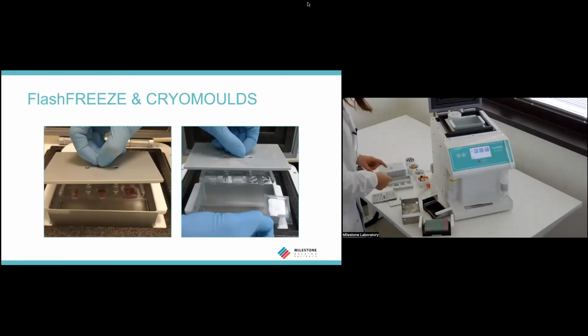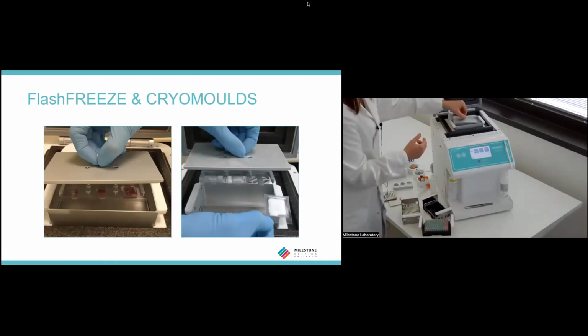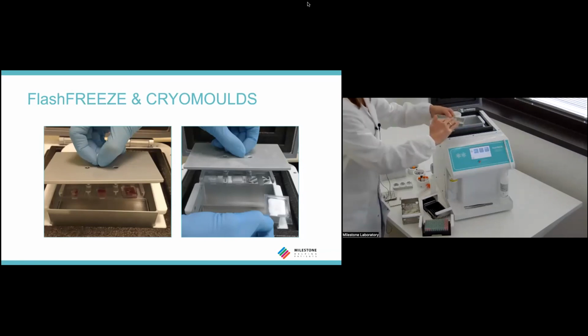To achieve this, Milestone created a kit in which we have this small container that must be inserted in the bigger freezer container, and it must be filled with ethanol.